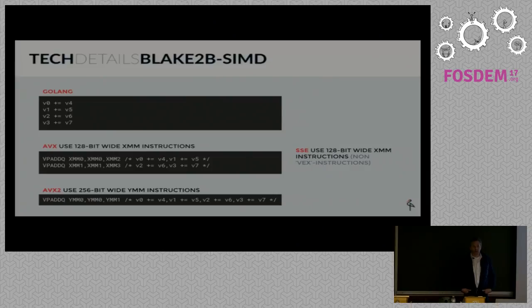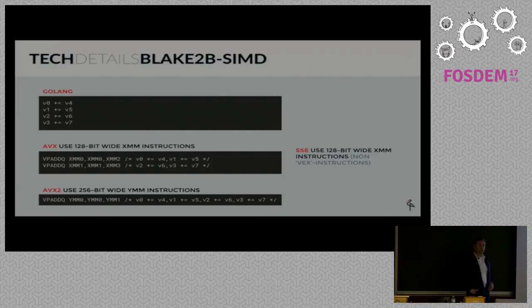So this allows you to do literally 2 additions in parallel. And this is what you see here. So with AVX, you use what are called the XMM registers. Again, those are 128-bit wide registers. So essentially this means that whereas here it's 2 lines, you can do it here in a single line. And likewise, the second XMM instruction will also take care of 2 of these. So you can go from 4 instructions to 2 instructions.